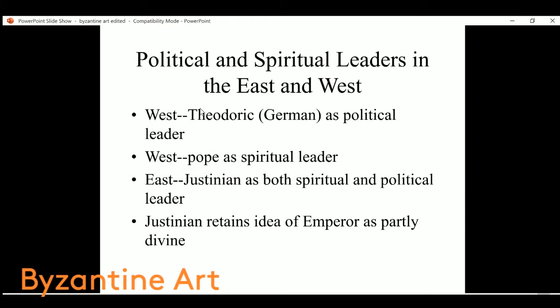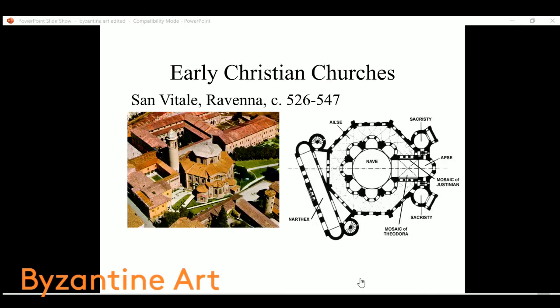They have two: one political leader and also a Pope, a spiritual leader, whereas Emperor Justinian in the Eastern Byzantine holds both spiritual and political leadership. Justinian retains the idea of the emperor as partly divine, so he kind of brands himself as divinity, that every decision comes from God.